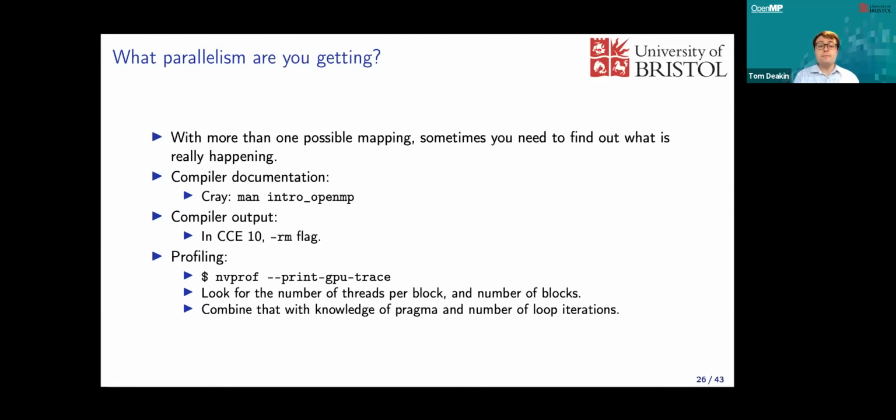the Fortran compiler. You can also have a look at the compiler output, and it will tell you how it's mapped the parallelism that you've exposed in your OpenMP program to the underlying hardware. And in CCE 10, there's the -rm flag, and I've put that in your make files already.